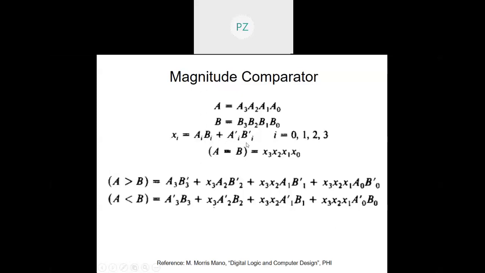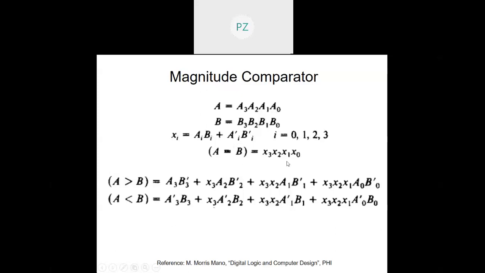So I define Xi being Ai Bi plus Ai dash Bi dash, i being 0, 1, 2, 3 for our case. So A is equal to B will come when X3 and X2 and X1 and X0. In other words, when A3 is equal to B3 and A2 is equal to B2 and A1 is equal to B1 and A0 is equal to B0.